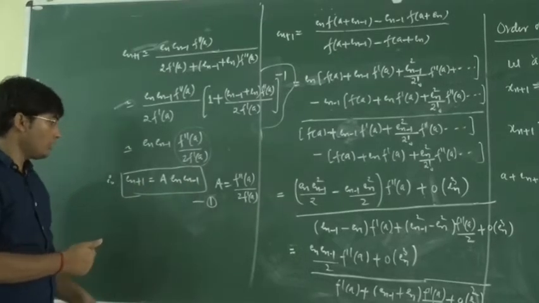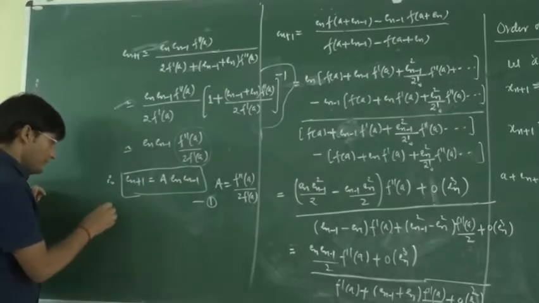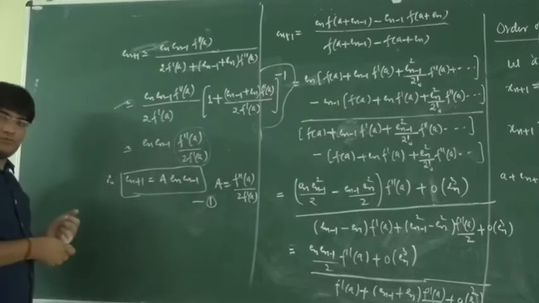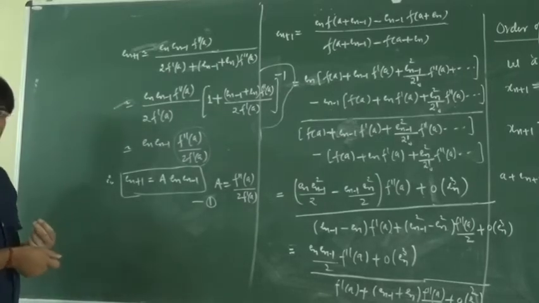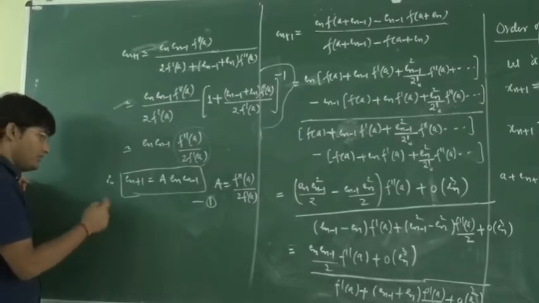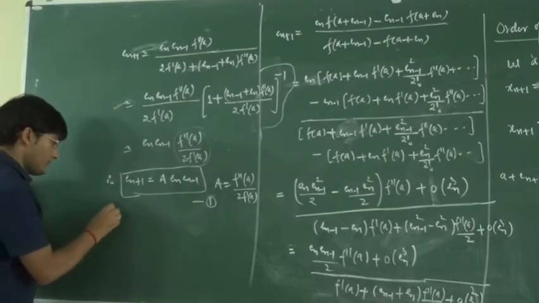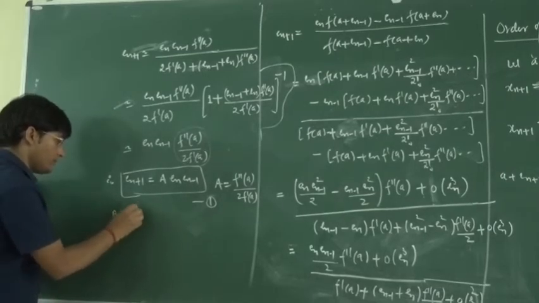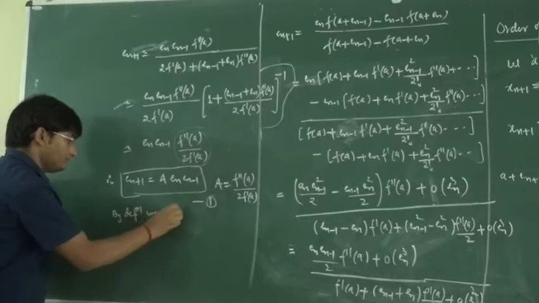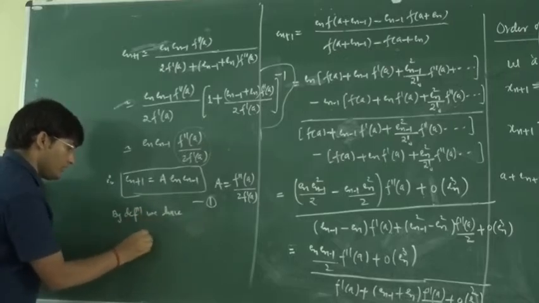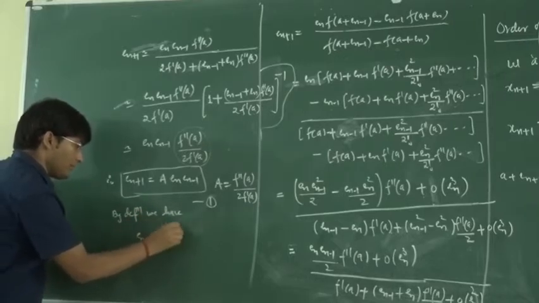Okay. Now, suppose that lambda is the asymptotic error and small p is the order of convergence, then by definition of the order of convergence, we have en plus 1 equal to lambda times en power p.